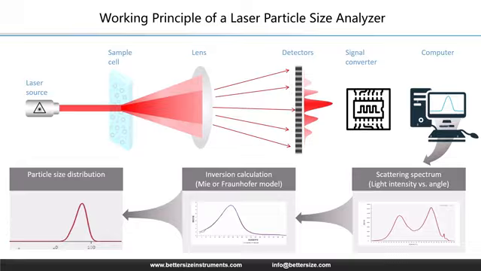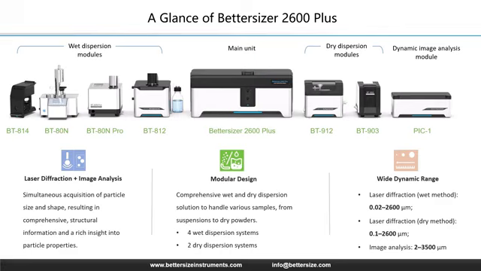So, the quality of your result depends on two things: precise hardware to catch the light and a powerful algorithm to decode it. Now, let's take a glance at the BetterSizer 2600 Plus system. It adopts a flexible modular design consisting of the main unit, a dynamic image analysis module, and a comprehensive range of wet and dry dispersion modules.